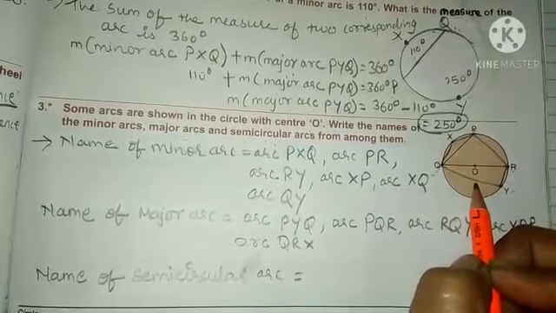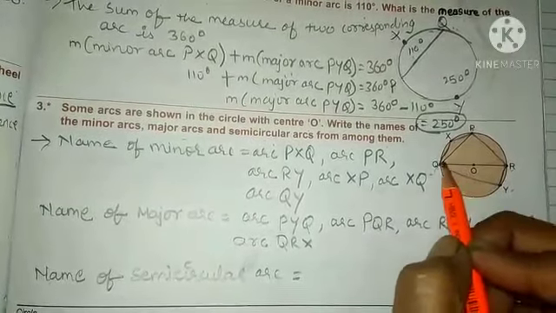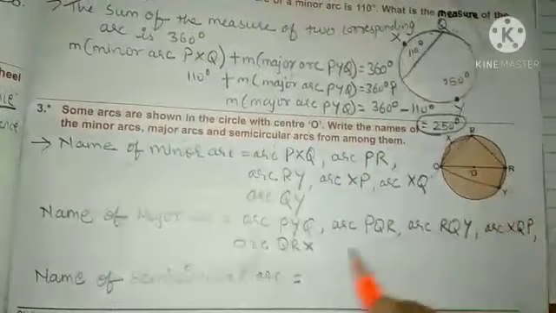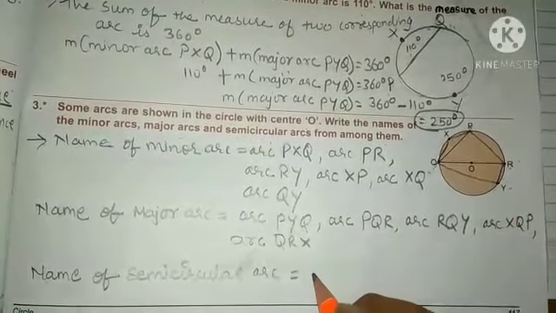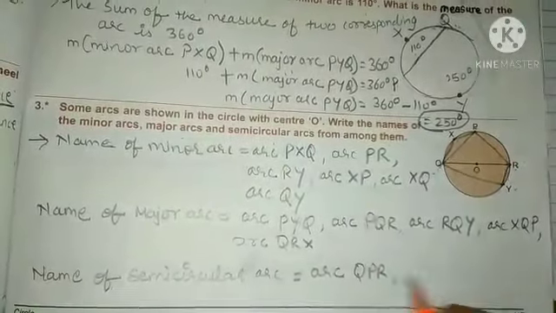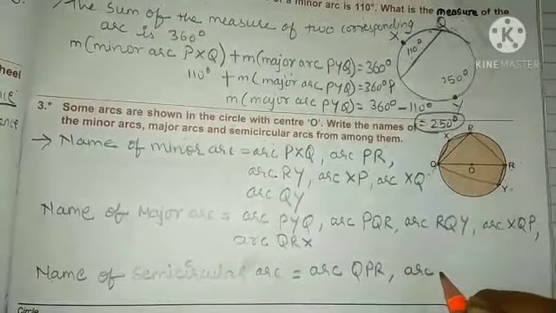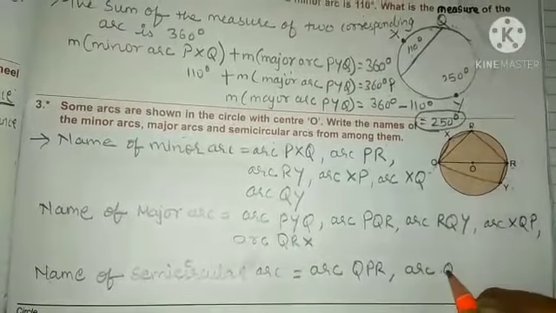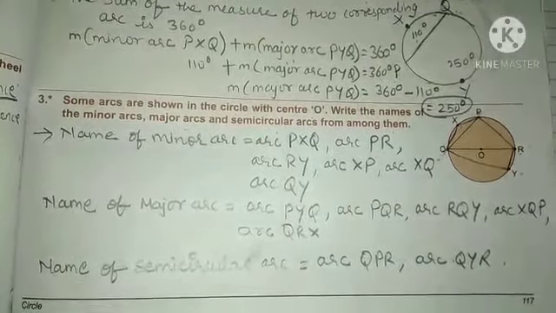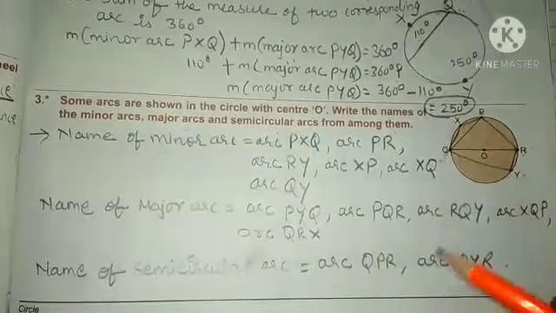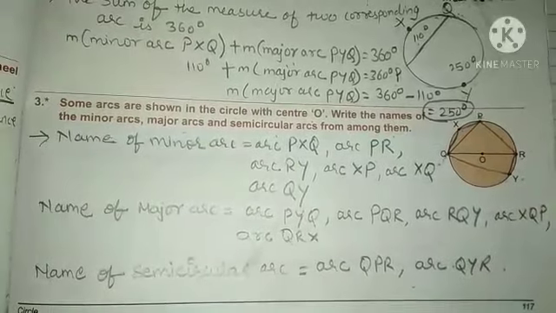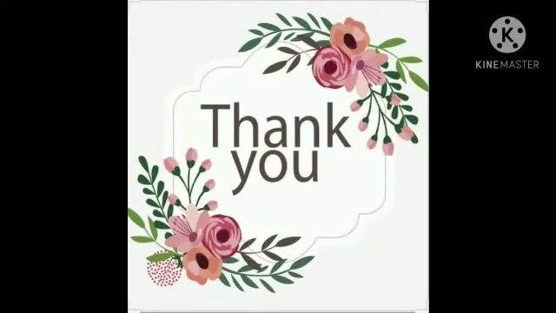So this one is your semicircular arc. QPR and QYR are your semicircular arcs. So here we will write down arc QPR and arc QYR. Understood? So these are the semicircular arcs. Understood how you will write down the names of your minor arc, major arc and semicircular arc? Clear? Thank you.